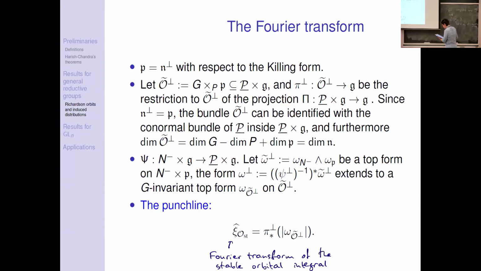The key identity, which in retrospect I should have put on the slide but now can put on the board, is this. If you just do it with respect to n minus coordinates, I'll write it down and explain what the notation means. I didn't put it on the slide because I didn't want to deal with notation. It's a technical question, but since I have the time, I can do it. So the key to this whole thing is this.